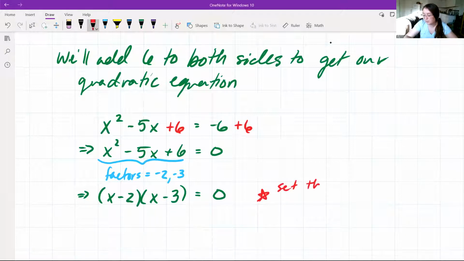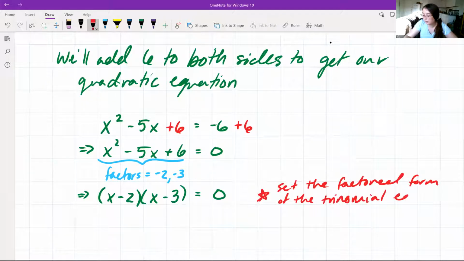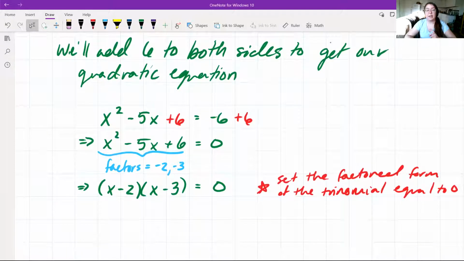So we set the factored form of the trinomial equal to 0. And now we're going to use our zero factor property because we want to find our solution, or in this case, it's going to be our solution set.